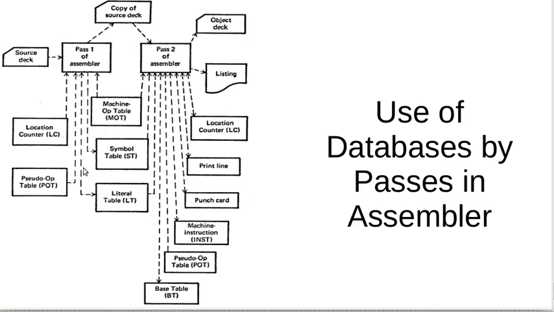So this is a visual description of all the data structures used in both the passes. Now pass 2 of the assembler gives as output an object program, which is essentially a program written in machine language, that is, written in zeros and ones, right?